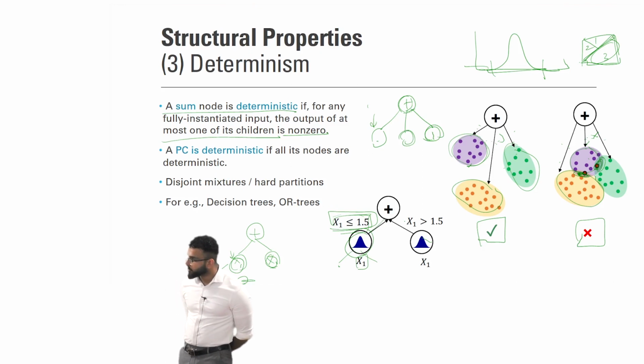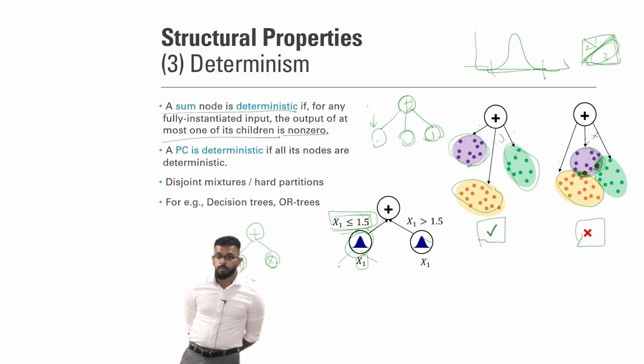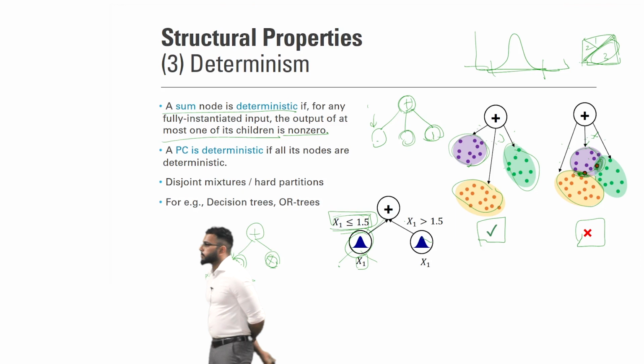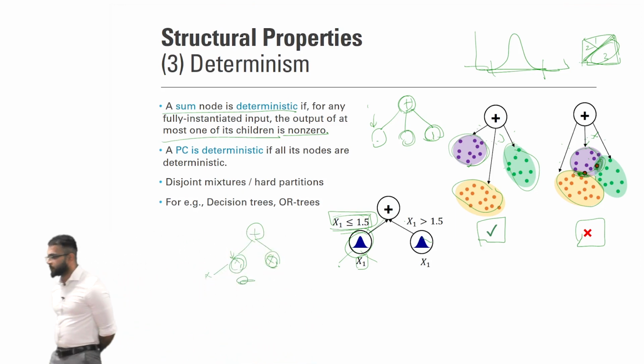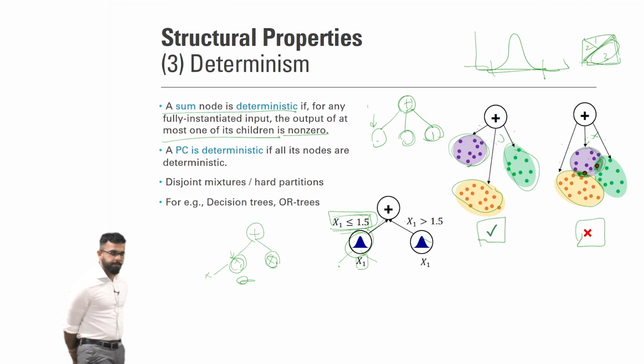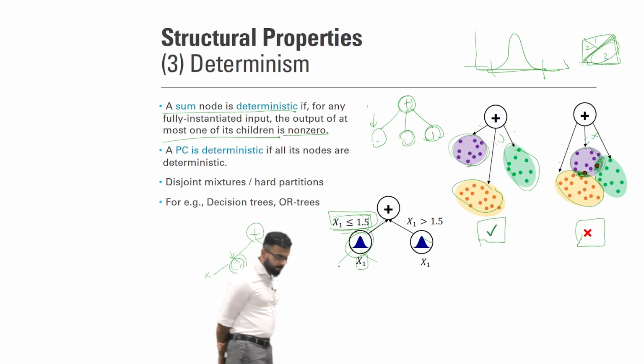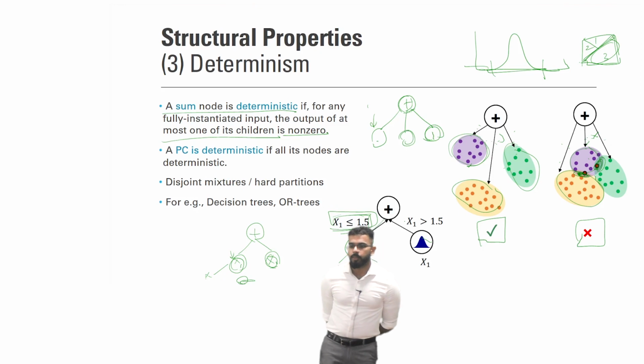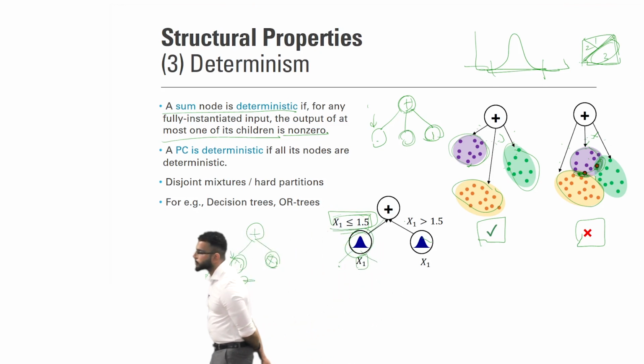R-trees are examples that can do that. So there has to be no more than one node with non-zero value. That's the thing here. But in a decision tree, it has to be exactly 1. This is no more than 1; there, it's exactly 1. That's the difference.